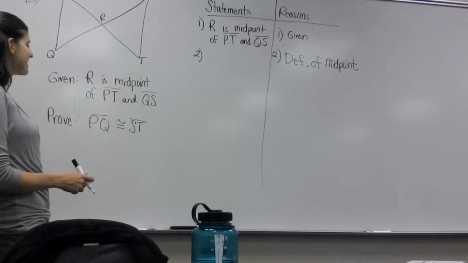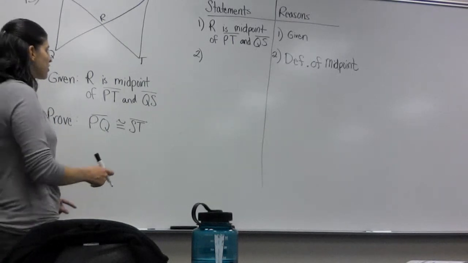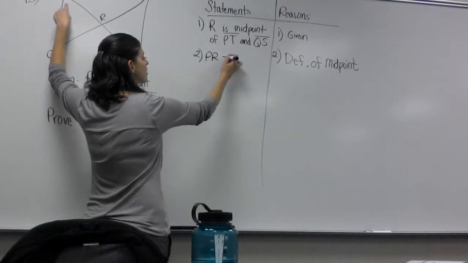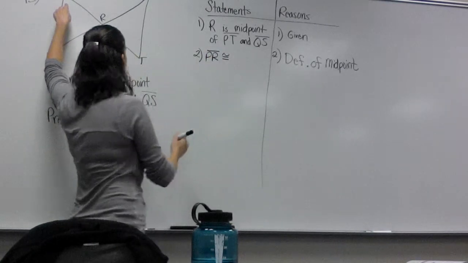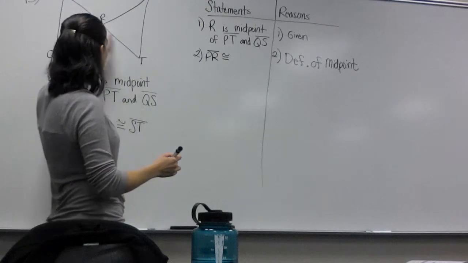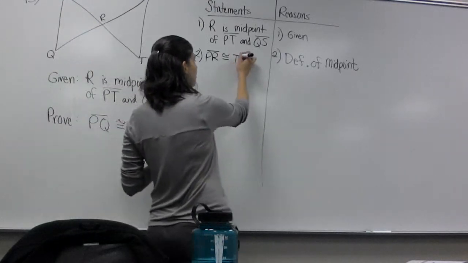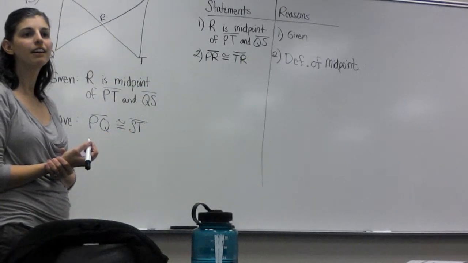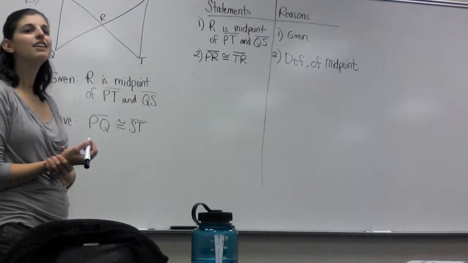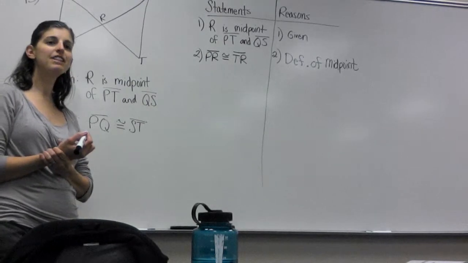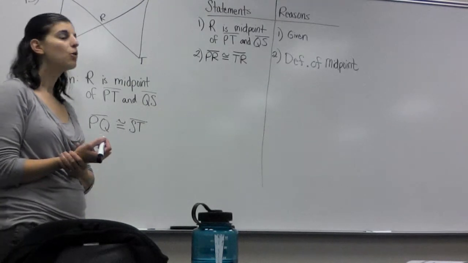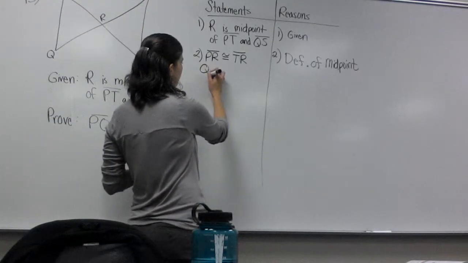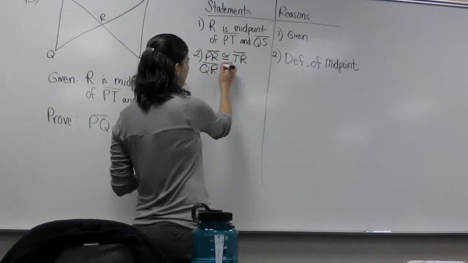They are bisected by R. So we're going to say that PR is congruent to TR. Those two are congruent by the definition of a midpoint. We can also say that QR and SR are congruent by the definition of a midpoint.